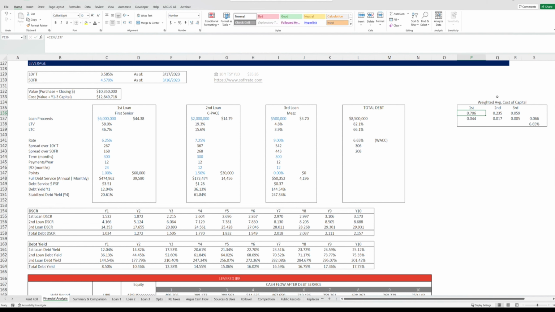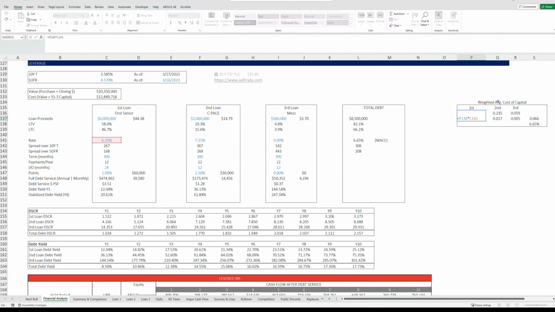That's your first loan, 70.6% of all of your debt. Now this is not 70.6% of the loan to value or the loan to cost. This is just 70% of all of your debt. This is 23.5% and this is 5.9%. And if I add these up, I hope that it equals 100% or 1. Yeah. So this is just the weighting of each of the loans.